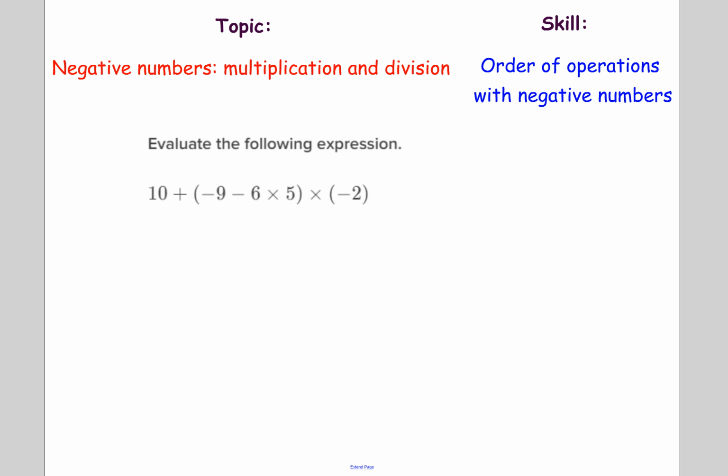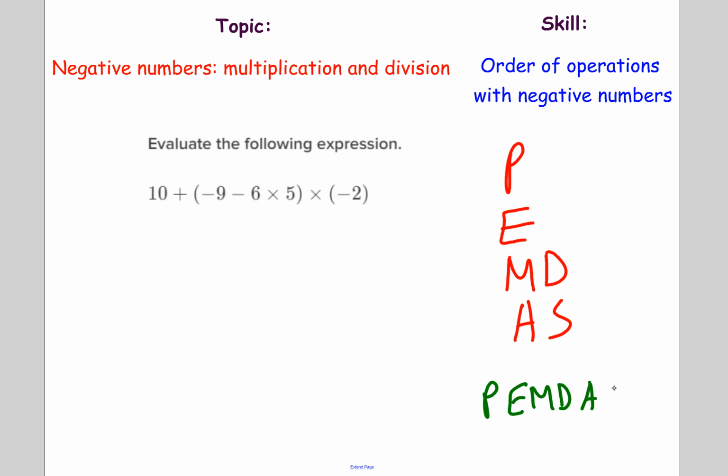Now, many of you call it PEMDAS, which stands for parentheses, exponents, multiplication and division, and addition and subtraction, right? People often write it as PEMDAS, but I write it this way, up and down.